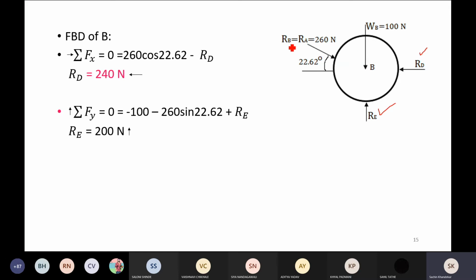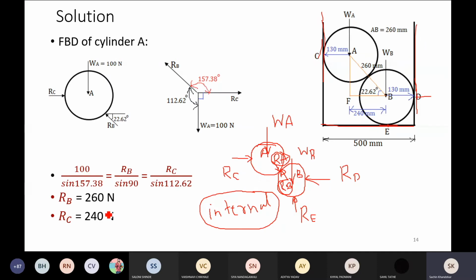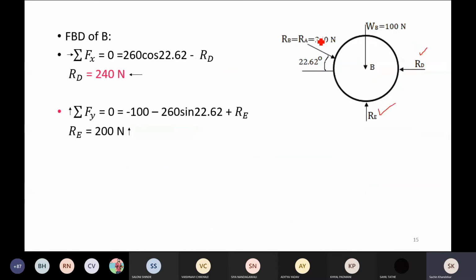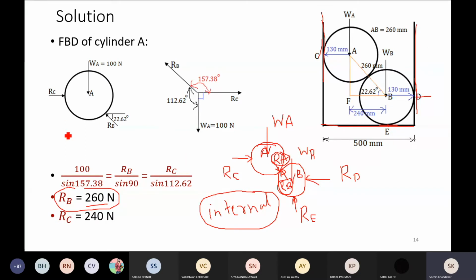Here RA is equal to RB is equal to 260 Newton. The reactions offered by B on A and A on B are equal, opposite and collinear, so the magnitude is the same, 260 Newton, but in the opposite direction, and the angle is the same, 22.62 degrees.